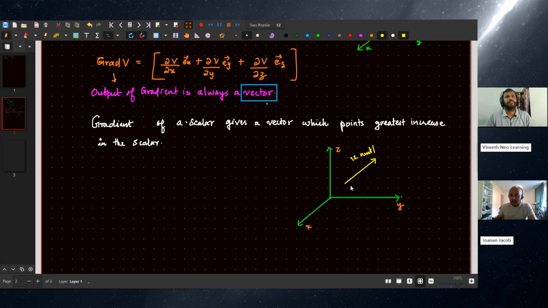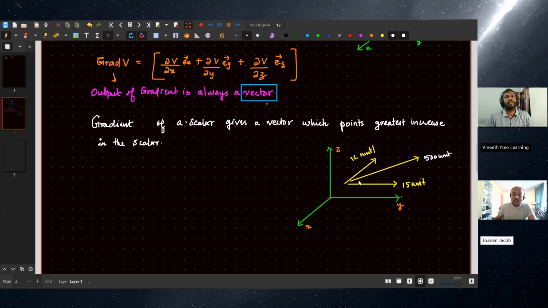Okay, and in this direction it may be, let's say, 15 units, and let's say in this particular direction it has the greatest increase, that is, let's say, 500 units.